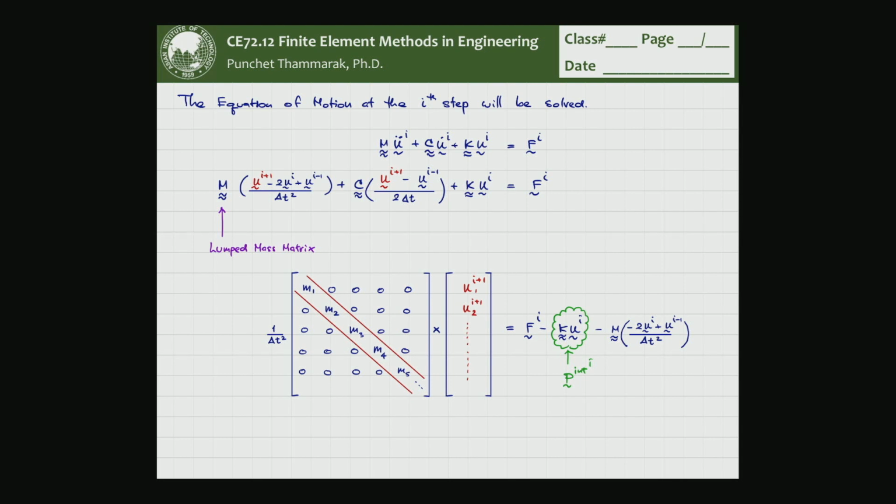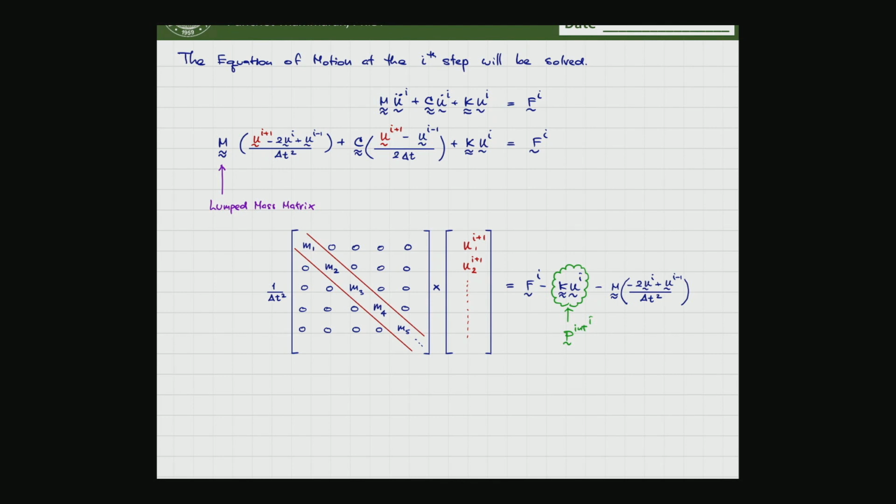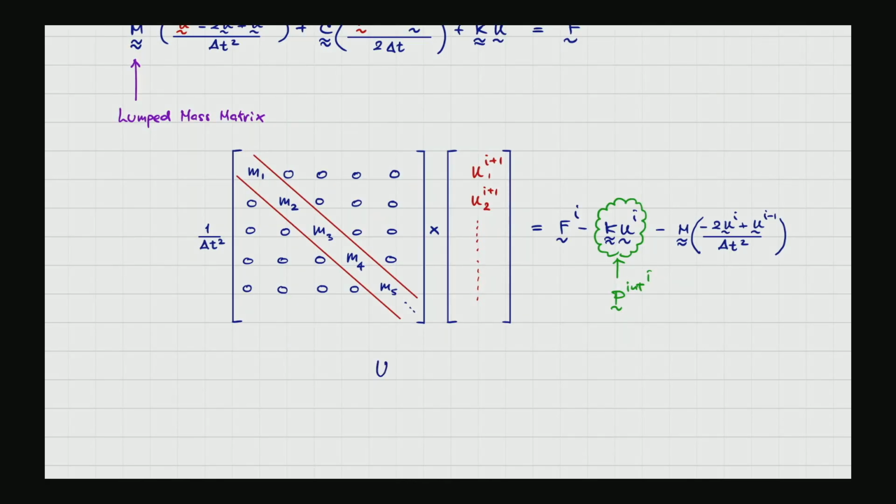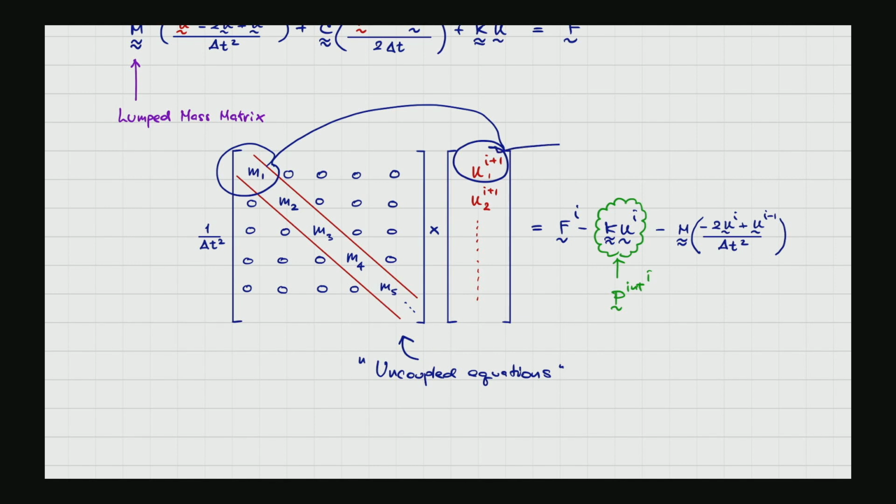You have uncoupled equations. M1 multiplied by this one equals the first row of the vector here.